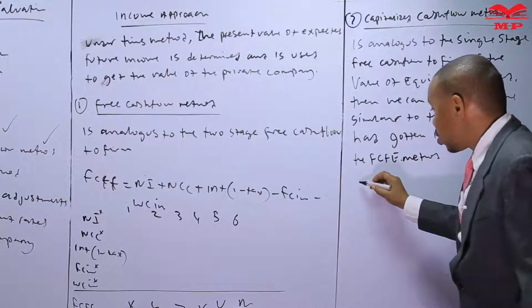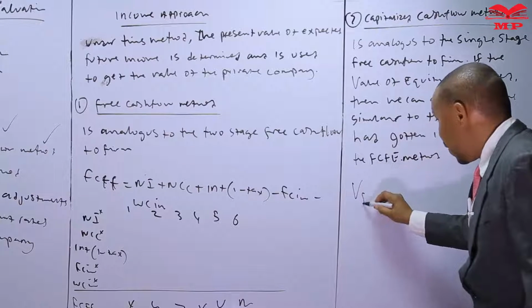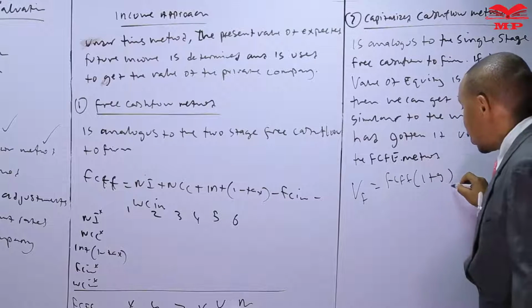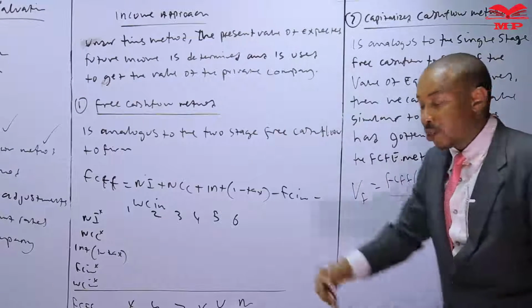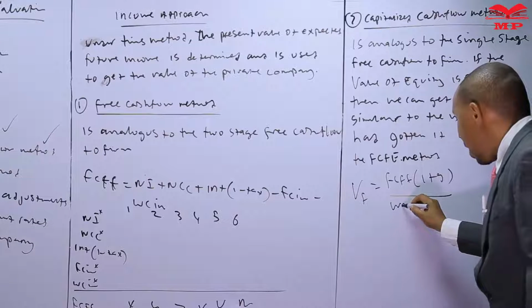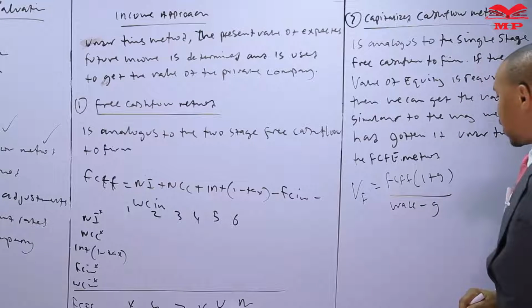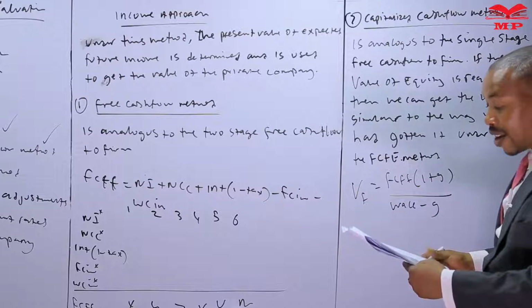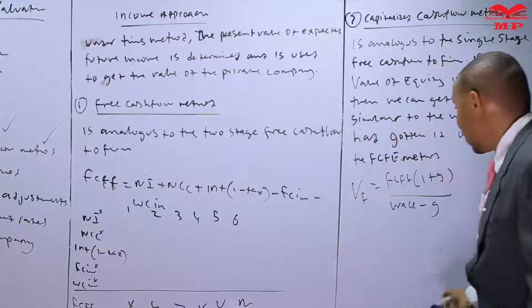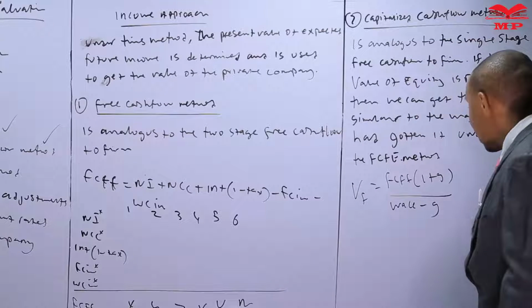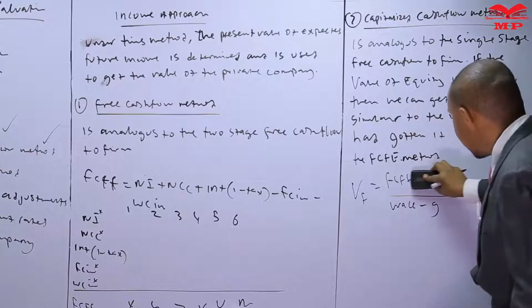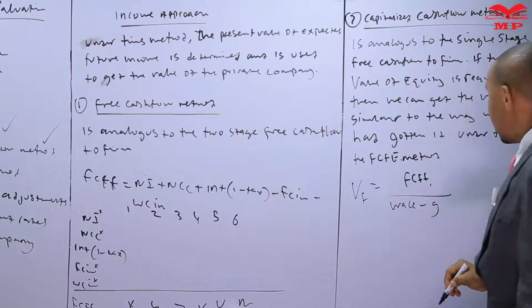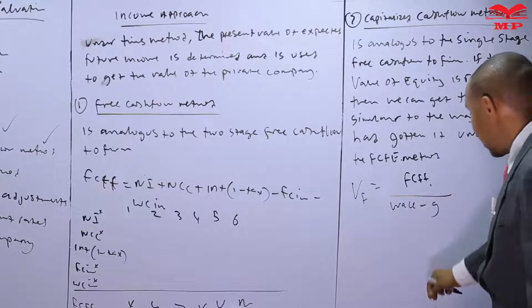If we have the historical free cash flow to firm, the value of the firm would be FCFF 0 times 1 plus G. We grow it so that we can get the forecasted value, over WACC minus G. But now in this case, we have been informed that FCFF in 1 year, so we've already forecasted the FCFF component. It is FCFF subscript 1 there. So it's the forecasted FCFF.